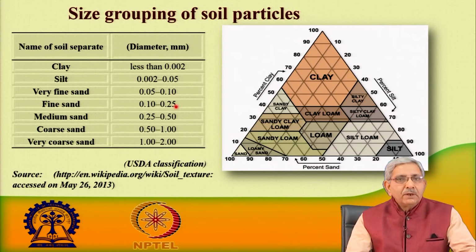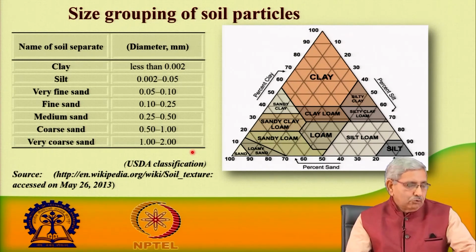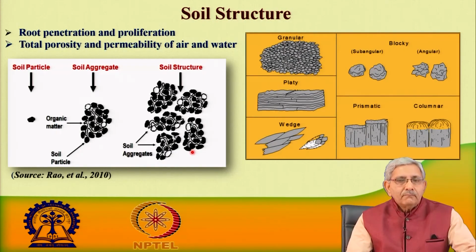Sand could be of different grades: very fine sand, fine sand, medium sand, or coarse sand. Particle sizes of 1 millimeter to 2 millimeter mean it is very coarse sand. So, accordingly their grouping has been made.